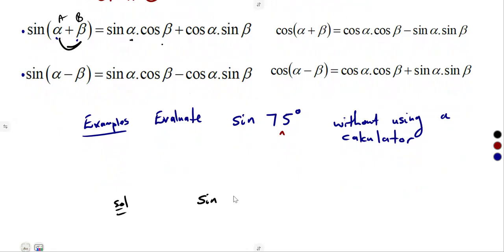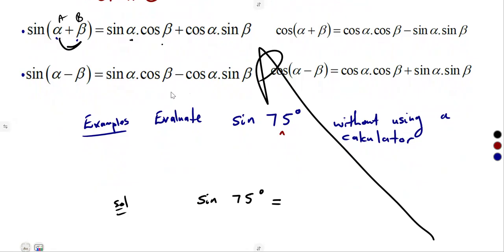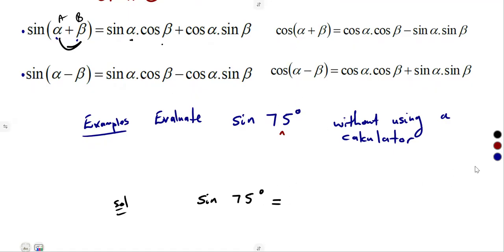There is a concept under compound angles which separates two angles. Is it by addition or by subtraction? So we look into that from our special angles. Which two angles can we use to get 75?